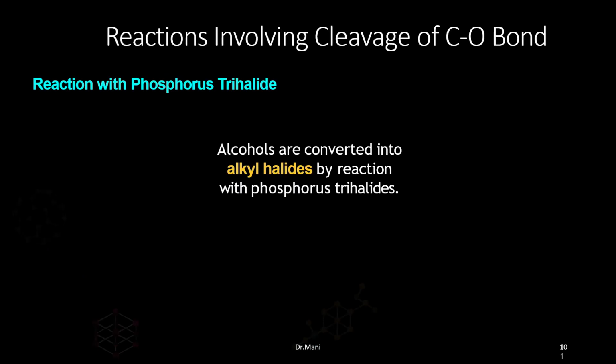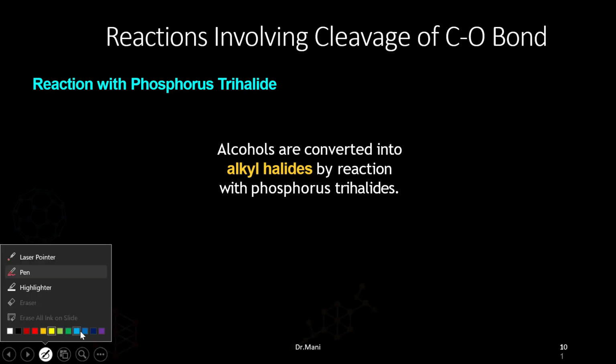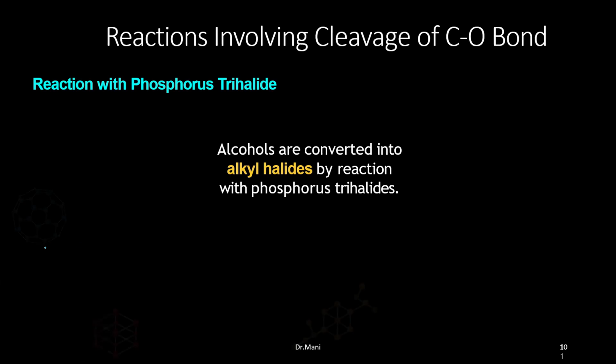So that is how we'll be doing the first reaction. Second reaction, reaction with phosphorus trihalide. Alcohols are converted into alkyl halides by reacting with phosphorus trihalides. Suppose you take the reaction, it will be like 3ROH, an alcohol, plus phosphorus trihalide.